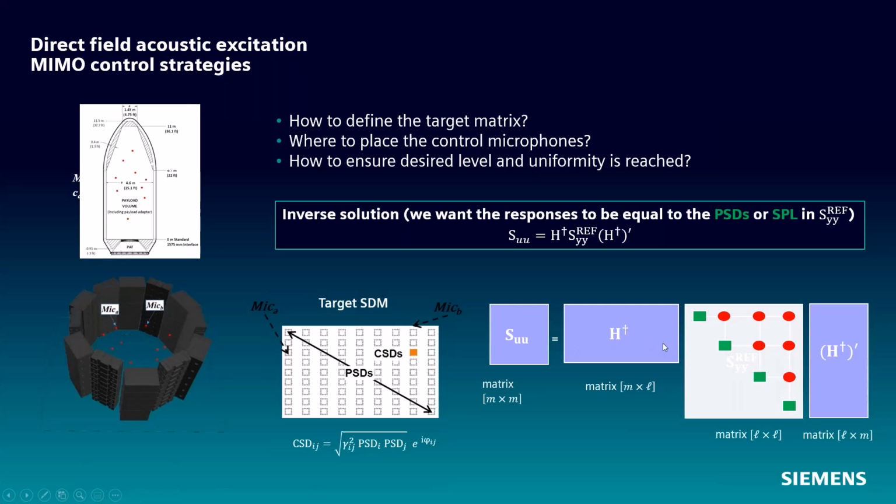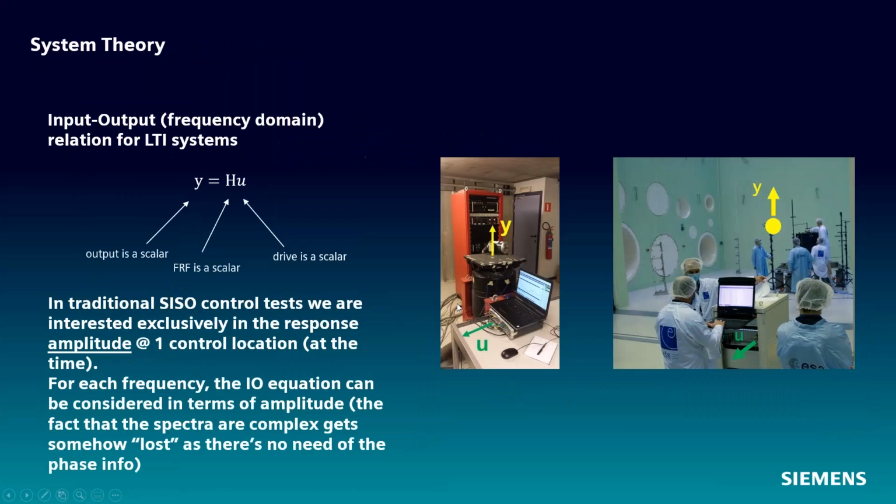You can imagine that can get a little complicated to control. But major questions: how do you define this target matrix? Where do you place control microphones? And how do we ensure that we're getting the right level and a uniform sound field? Let's talk a little bit about that.